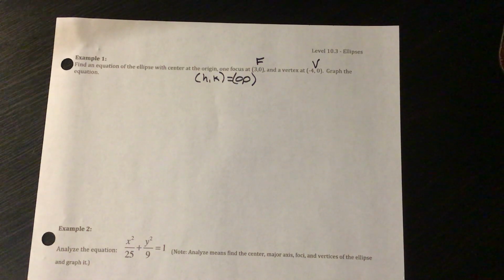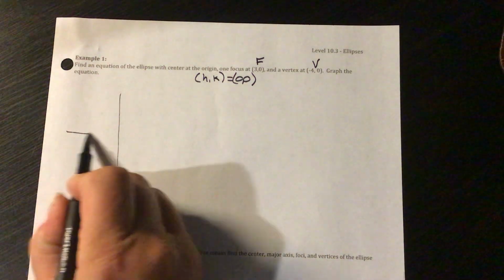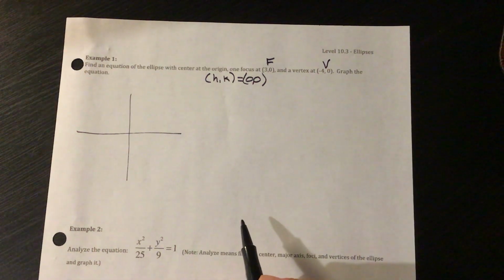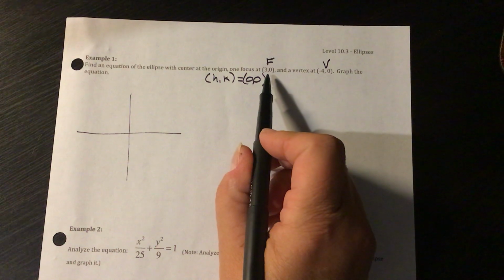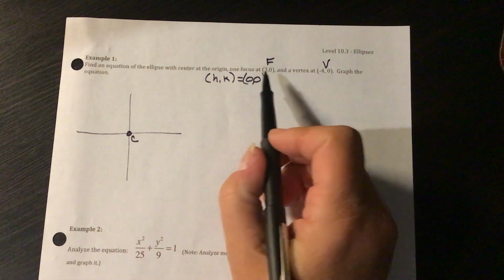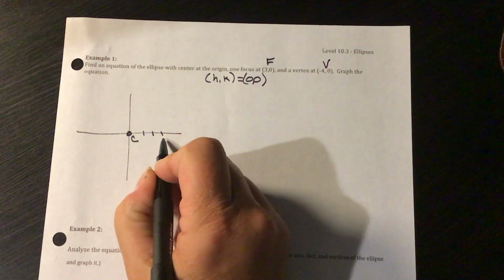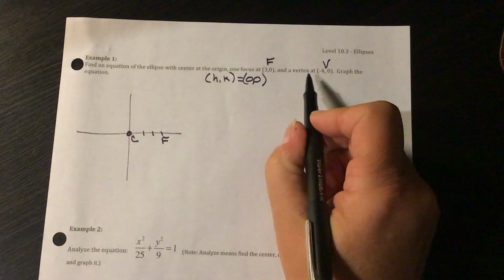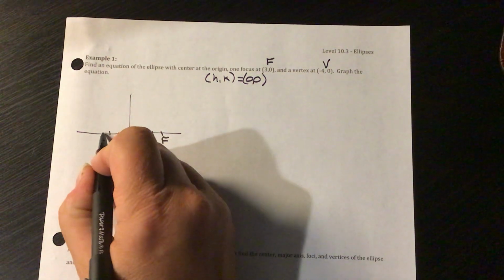Whenever we have this information, it's always good to get a visual of what it looks like. So I have a center at the origin, one focus at 3, 0, and a vertex at -4, 0.